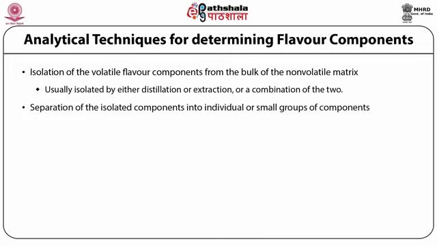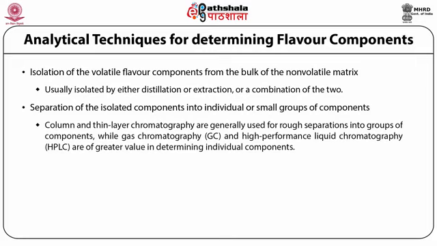Next step is separation of the isolated components into individual or small groups of components. For this, we can use some modern technologies like column and thin layer chromatography, which are generally used for rough separations into groups of components, while gas chromatography and HPLC, that is high performance liquid chromatography, are of greater value in determining individual components.